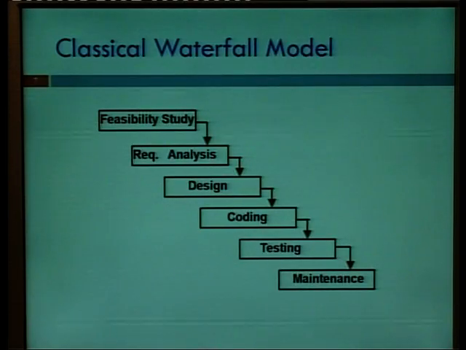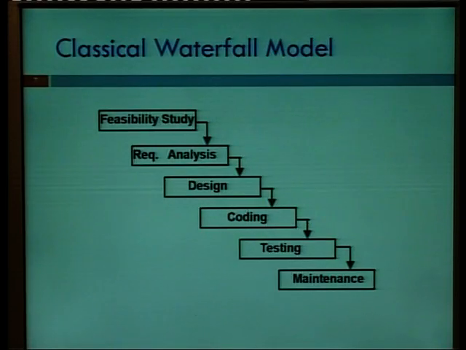That diagram shows how one step follows another step. In the classical waterfall model, in the first step we do the feasibility study of the software. After the feasibility study is performed, we go for requirement analysis, design, coding, testing and maintenance. Each step is followed by the previous one.